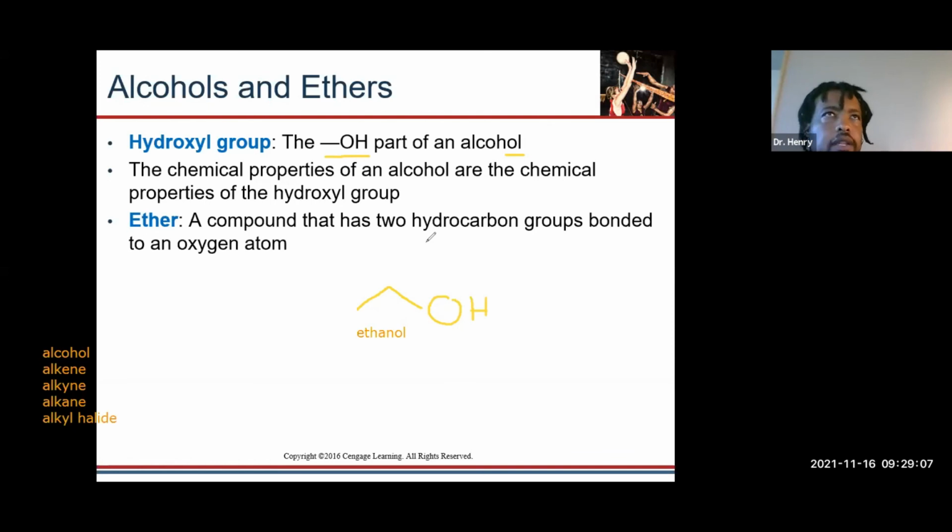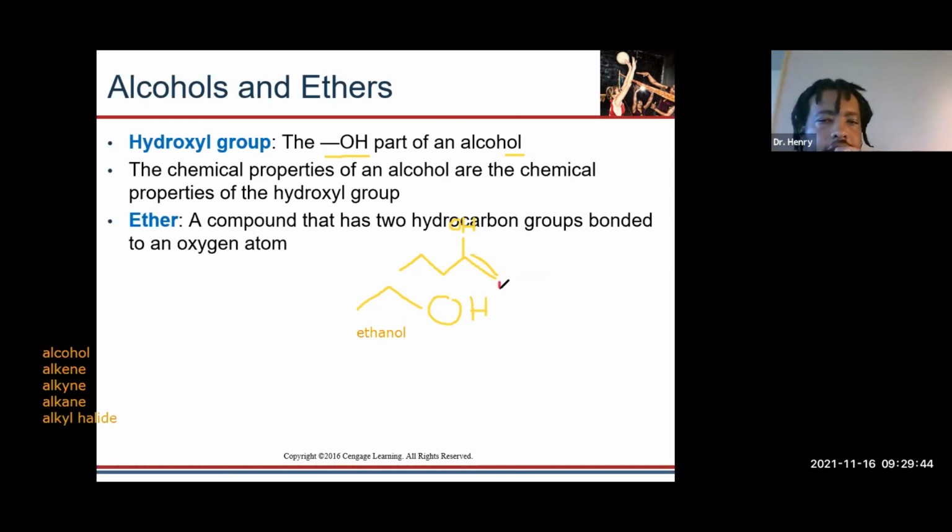So again, the naming is going to be the same. The only thing that's going to be different is since the alcohol has priority, it's going to get the last name. So if we had an OH coming off that side chain, we'd want to find the longest chain. So that's 1, 2, 3, 4, 5. Five is the longest chain. We'd want to start counting at the structure that has more priority.